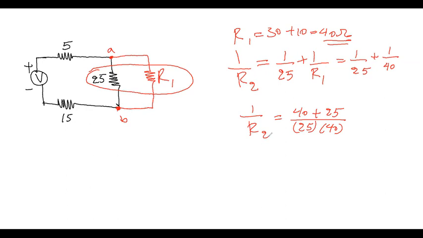So R2 will be 25 times 40 divided by 40 plus 25. So the product of 25 and 40 divided by their sum, which is 65. So this is approximately 15.38 ohm.